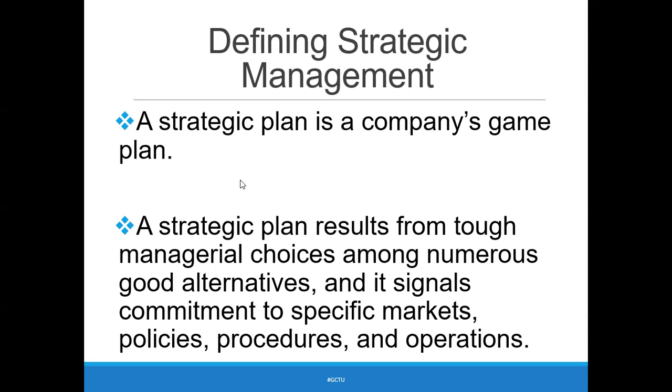And what is the source of this strategic plan? Research suggests that strategic plan results from tough managerial decisions, and that is what we indicated earlier on as cross-functional decisions and actions. And these tough managerial decisions are done among numerous alternatives.